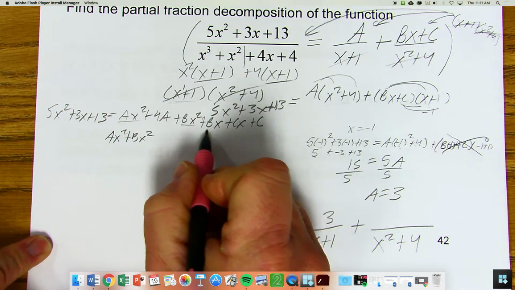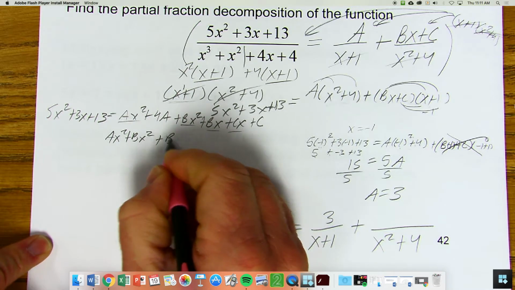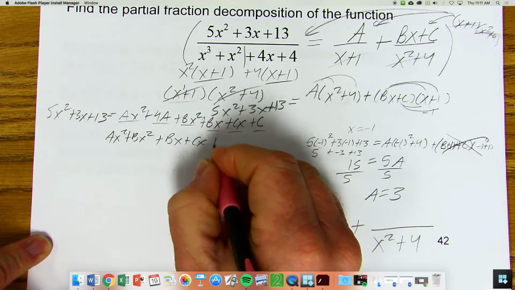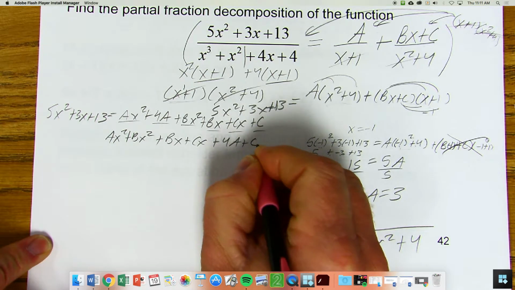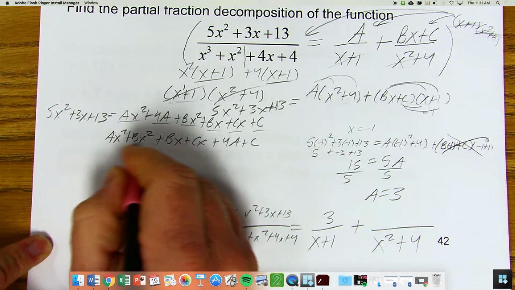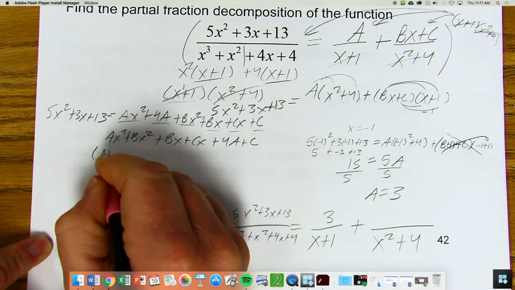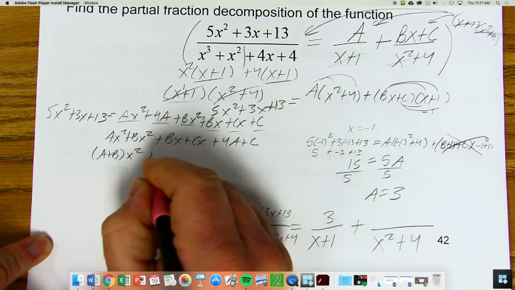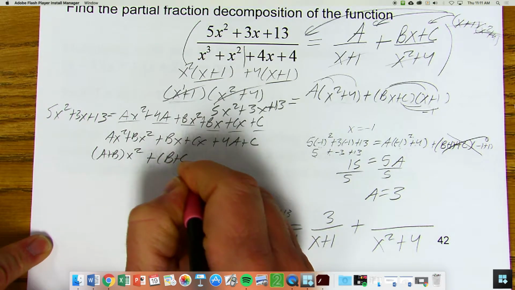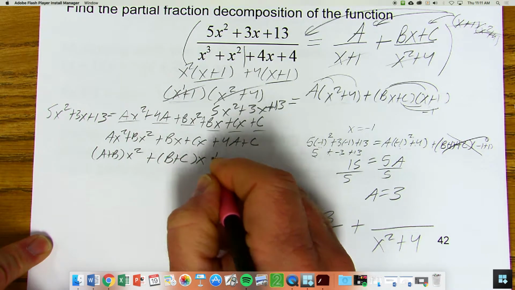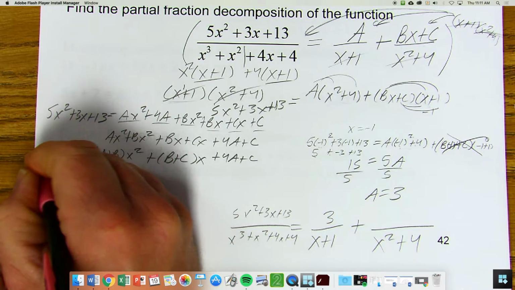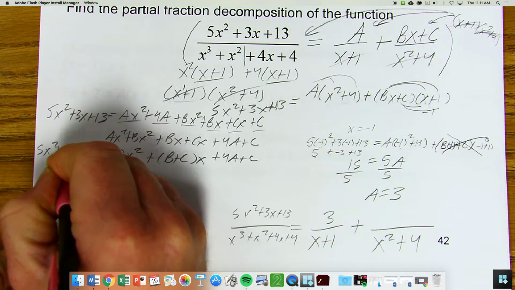We get our ones with x's together, bx plus cx, and we get our ones without x's together, 4a plus c. So we can factor out the x squared, so that would give us a plus b times x squared. We can factor out the x, that gives us b plus c times x, and then we just have the 4a and the c. That all equals 5x squared plus 3x plus 13.